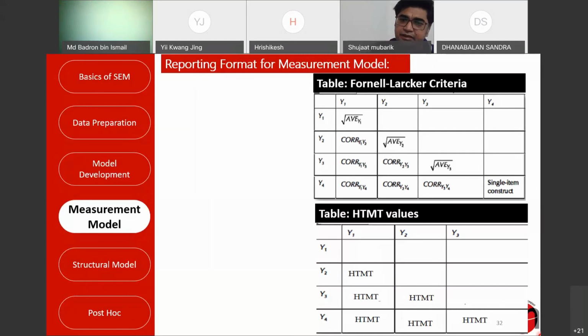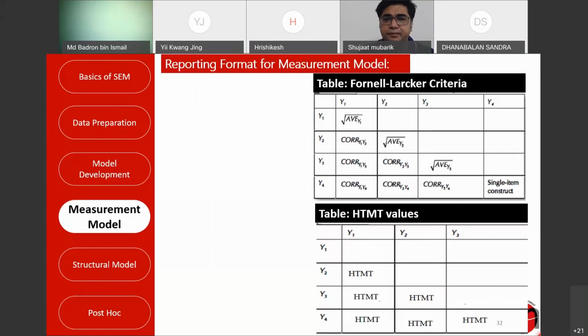This comes from the theory. But sometimes we cannot clearly find out from the theory that a construct is reflective or formative, so there could be such a situation.